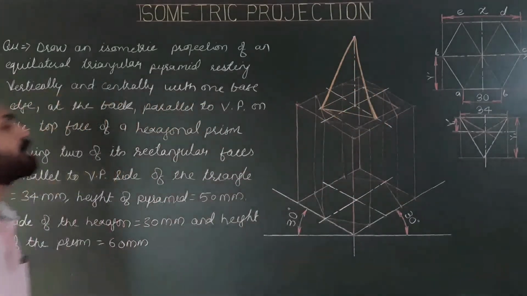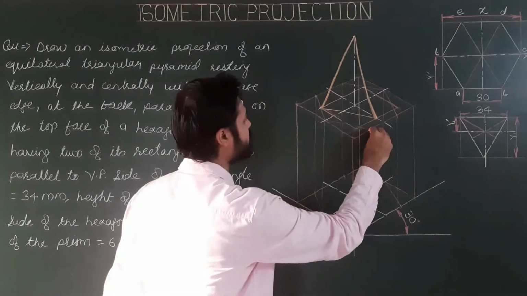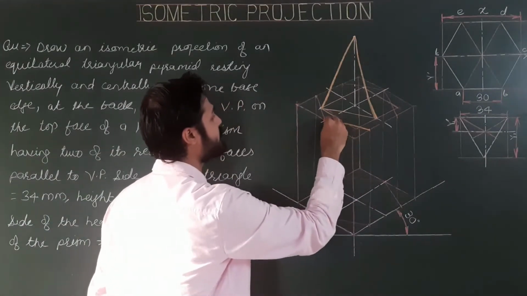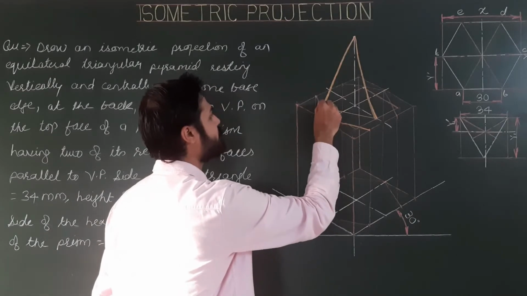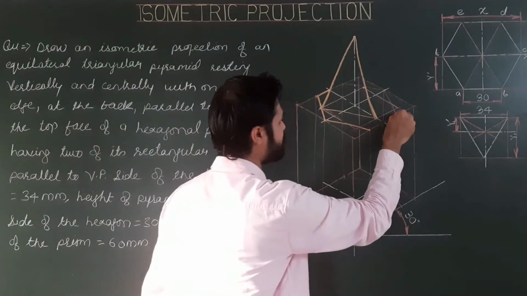You have to show. Next, for the hexagonal prism, these are visible sides of upper base.